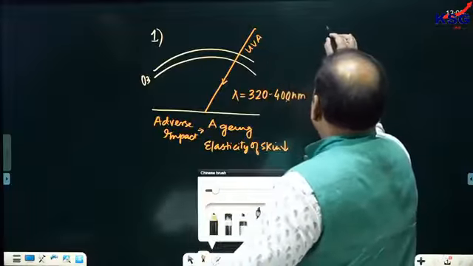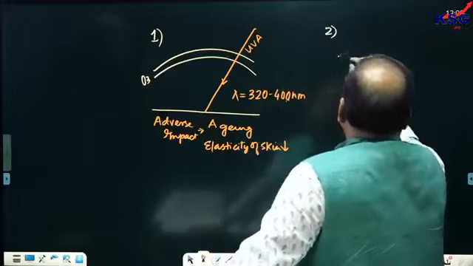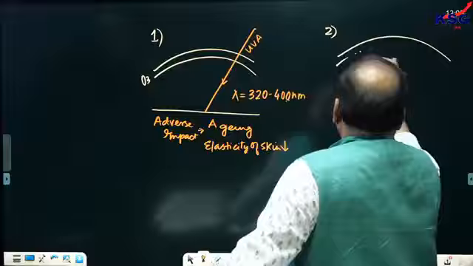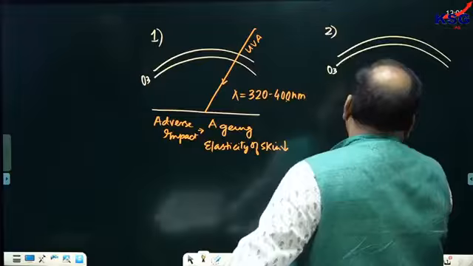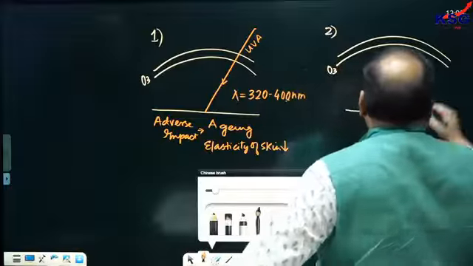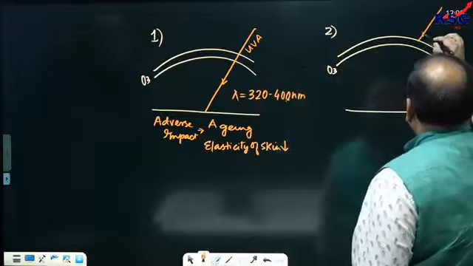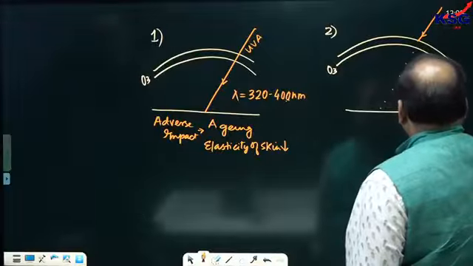Now the second type of UV radiation is referred to as UVB. So suppose this is O3 and this is the surface of the earth. UVB radiation reaches the surface of earth minimally, negligibly.